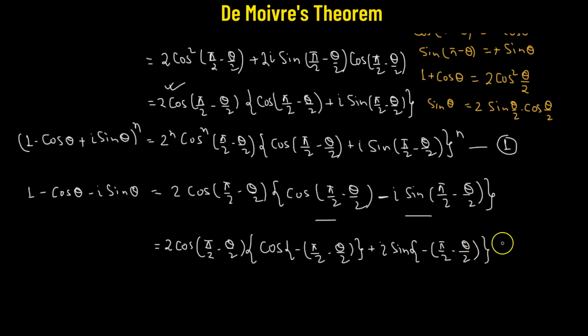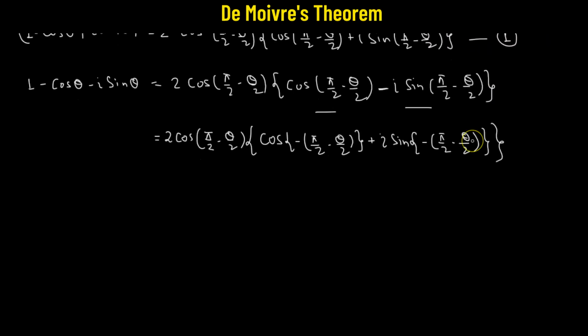This can be done using the fact that sine is an odd function and cosine is an even function. Sine of negative theta equals negative sine theta, because sine is odd. Cosine of negative theta equals positive cosine theta, because cosine is even. So the positive cosine is written as cosine of negative theta, and the negative sine theta is written as sine of negative theta.